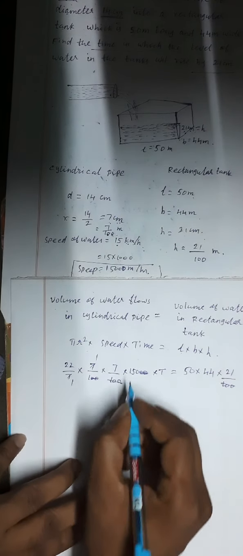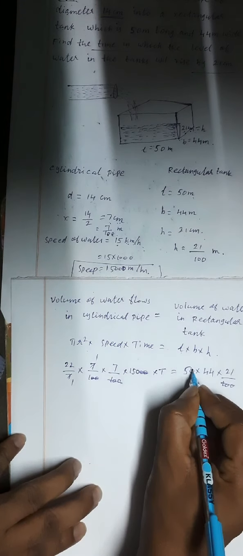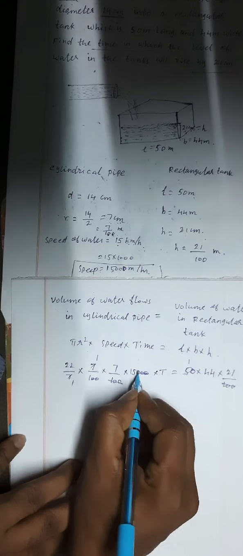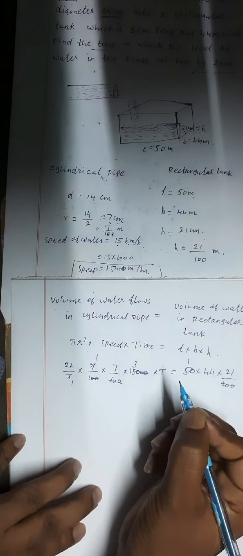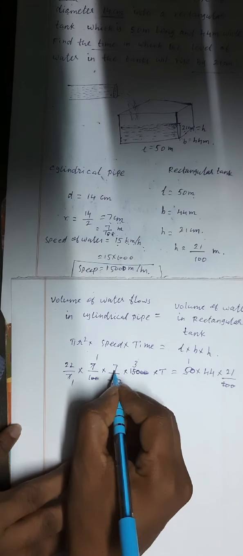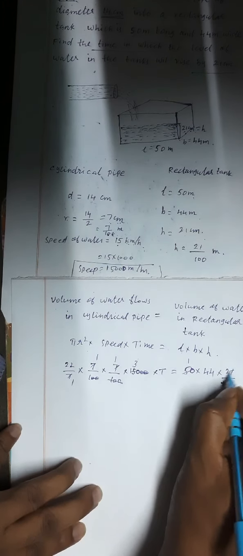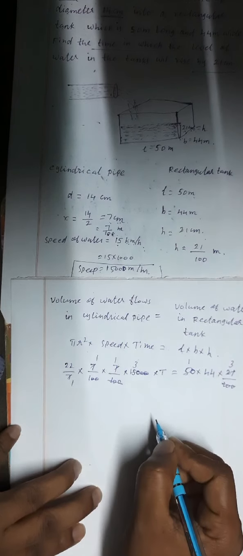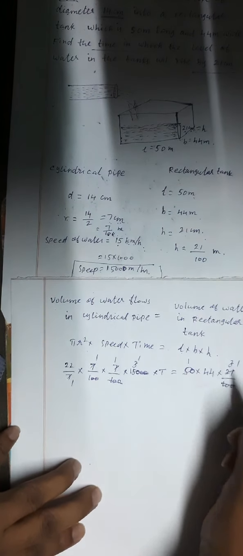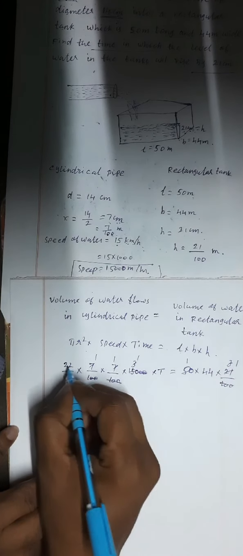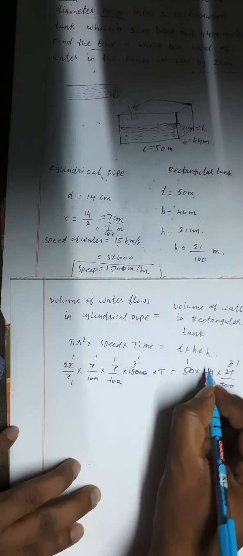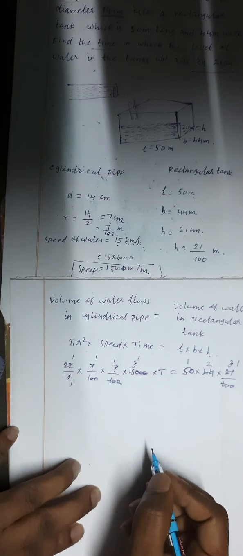Next here 150 and here 50, so 150 is 50 and 3 50s are 150. Next divided by 7 table, 1 7 is 7, 3 7s are 21, and then 1 3 is 3. And the next, 22 table, 1 22s are 22, 2 22s are 44.